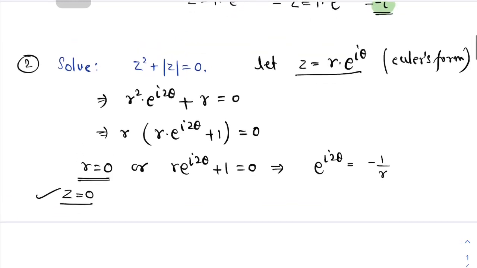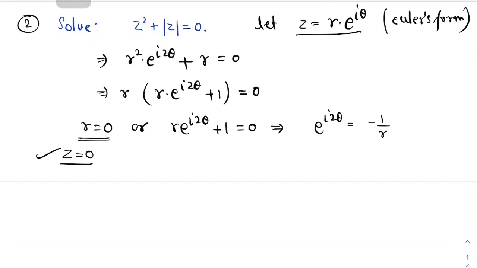So what is minus 1 by r? R is a real number, so minus 1 by r is again a real number. I can write this real number in Euler's form, in exponential form. The idea is to write everything in exponential form.